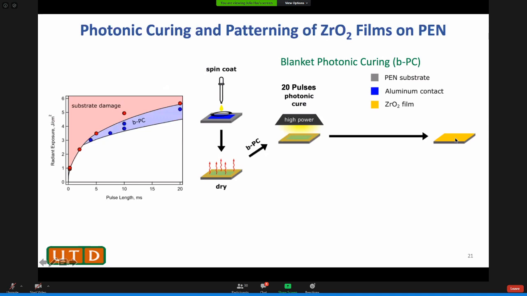Now, if we lower the energy a little bit, then we get to the regime that we found we can do self-aligned photonic curing. I'll explain in the next slide. Only the zirconium oxide on top of the aluminum gets converted. So you see here, how much of the zirconium oxide got converted is determined by the mask, and you can put a circular mask, whatever shape you want.